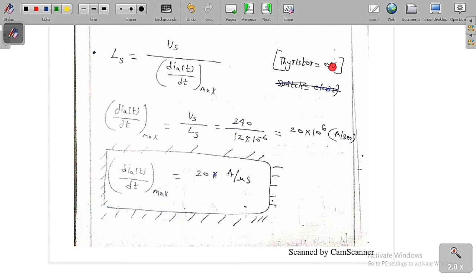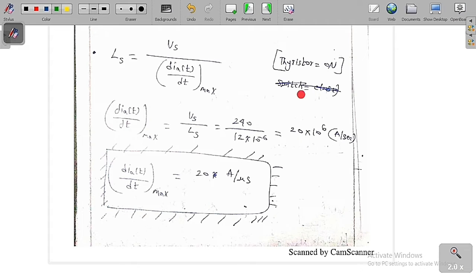Now I am going to assume that the thyristor is in the on condition. So whenever the thyristor is on and I close the switch, initially the series inductor is there, so the current is equal to 0. With RL equal to 2 ohm, the voltage drop across the 2 ohm is equal to 0. Therefore the whole supply voltage should drop across the inductor.